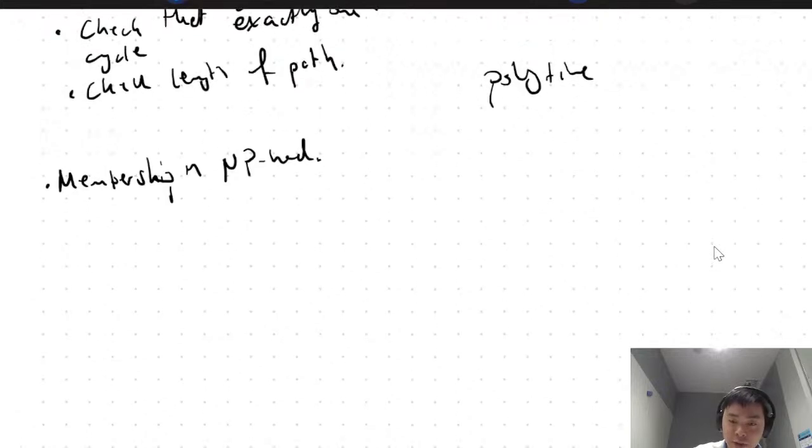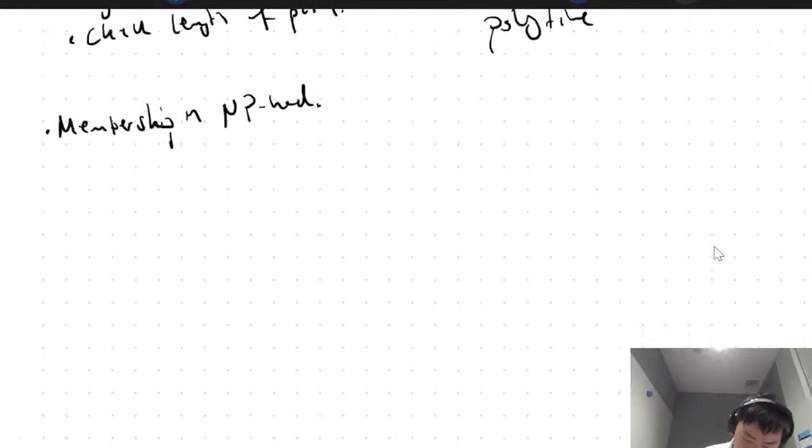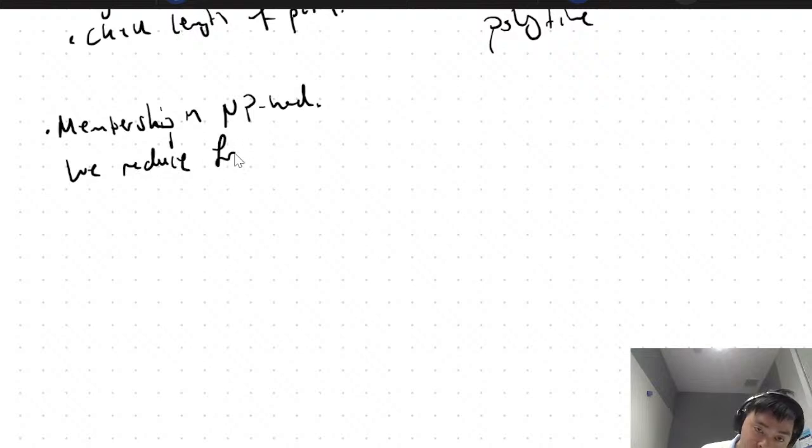So here's the actual formulation. We reduce from Hamiltonian cycle.